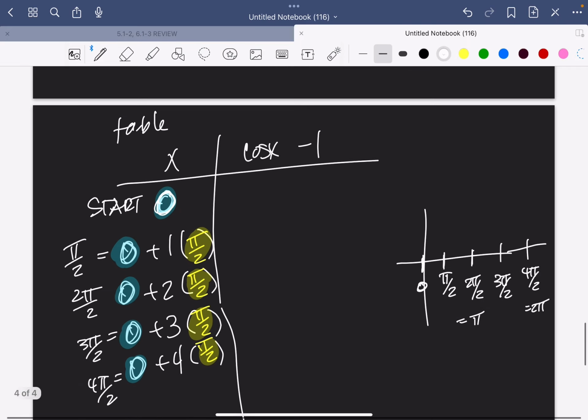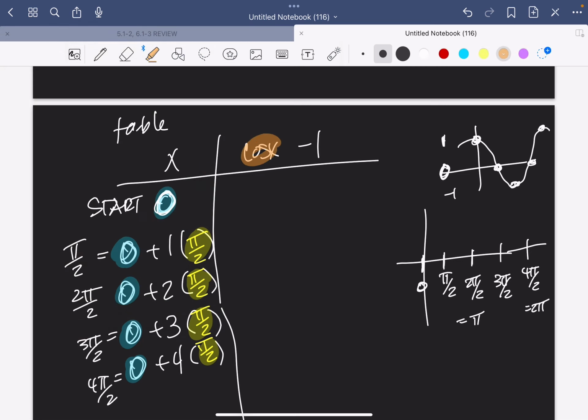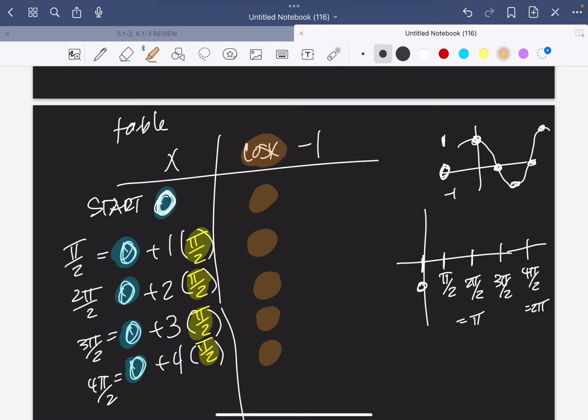Well, I know that my old cosine graph is peak, midline, valley, midline, peak for cosine, right? With peaks being at 1, midline being at 0, and valley being at -1. So for my original cosine, our outputs for those values were what?